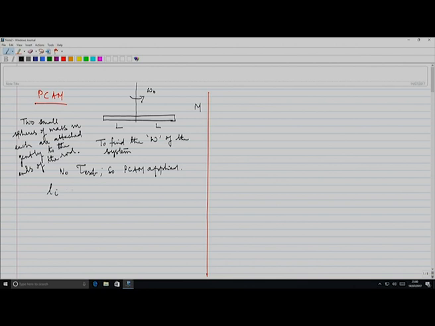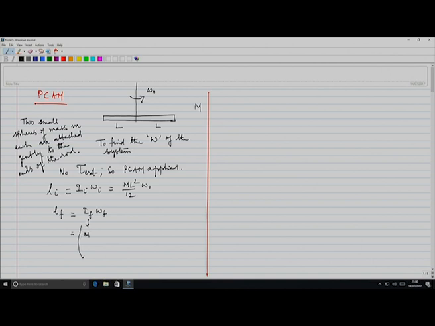That's the idea. Angular momentum of the initial system is equal to moment of inertia initial times omega I. This is equal to ml squared by 12 omega naught. Now L final is equal to IF omega F. This is equal to, now IF alone I will write here.